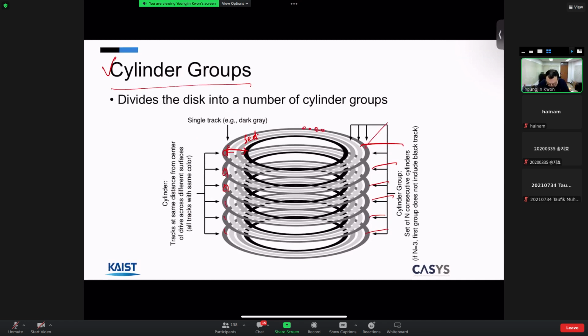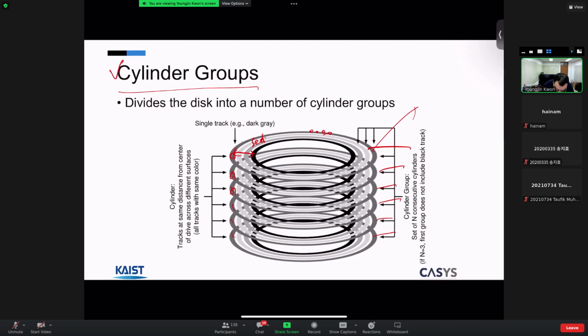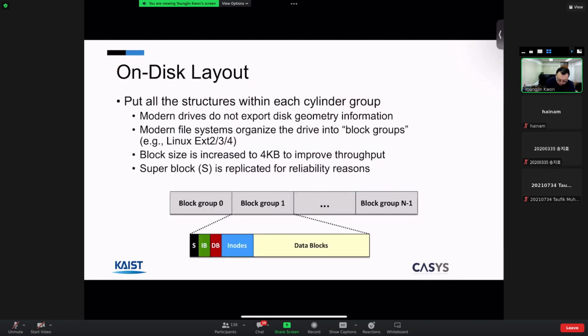Given that this information is exposed, the file system knows that some block numbers are located in this cylinder, and some block numbers are located in that cylinder. You can discern the differences between sectors in different cylinders. That comes to this file system organization.